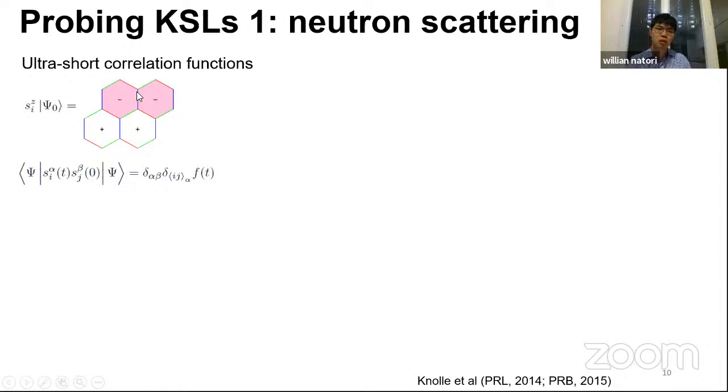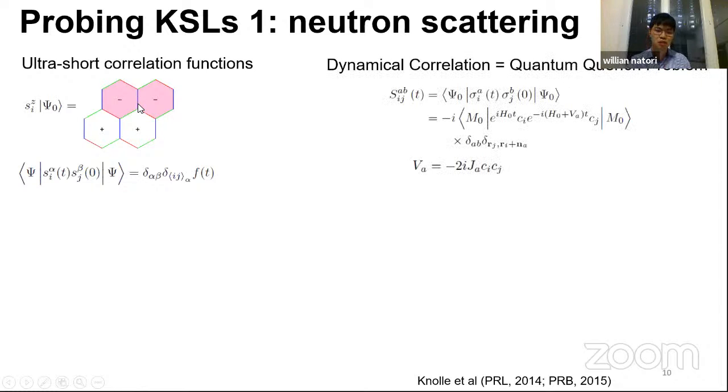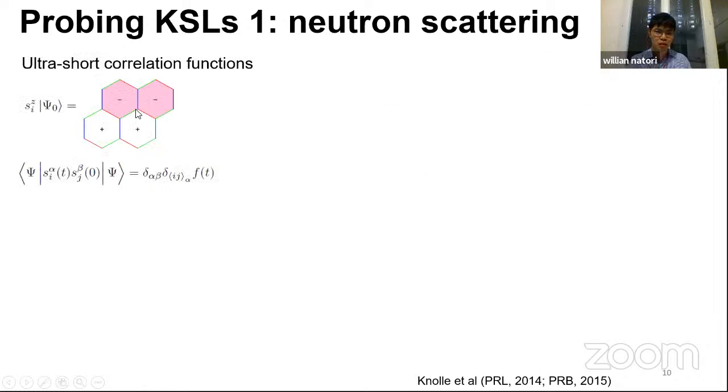So only correlations between S^z, the spin S^z, will occur along this blue bond, only S^x correlations along these green bonds, only S^y correlations along these red bonds.